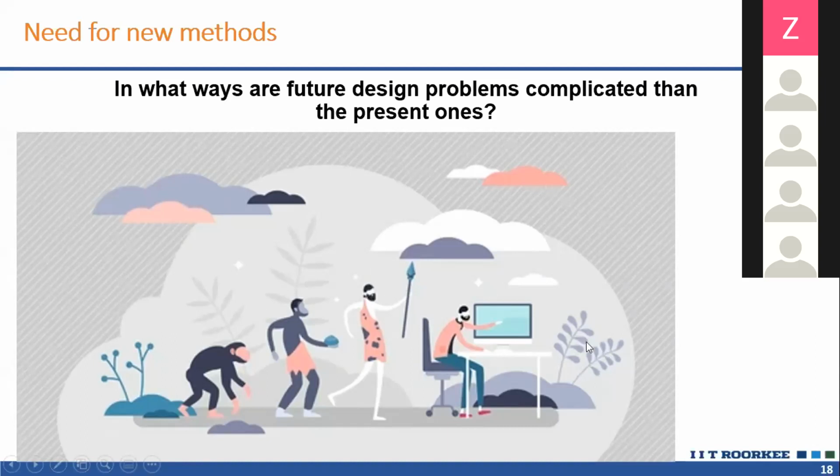And now we have very different kinds of challenges, and especially with COVID, it's probably the ultimate challenge of our lives. But we always have to keep in mind that the future will always present us with more complicated problems, and that is the reason why we need new methods.